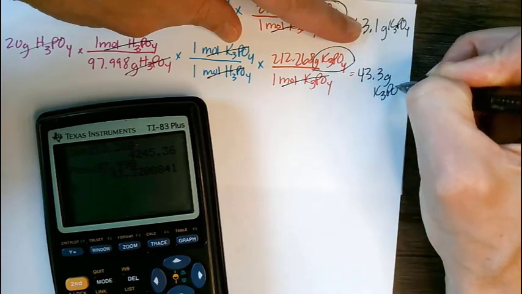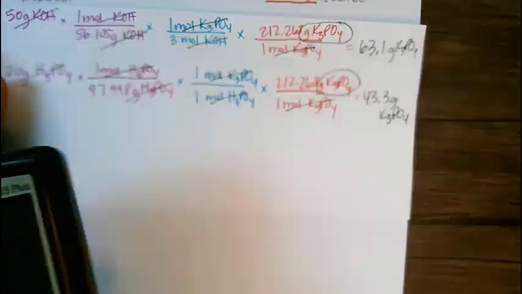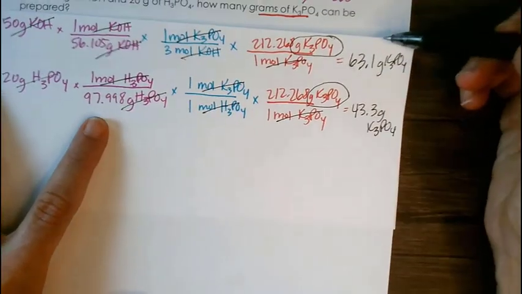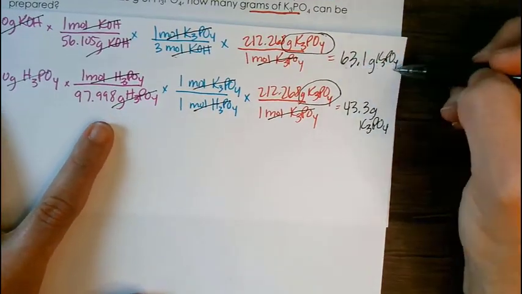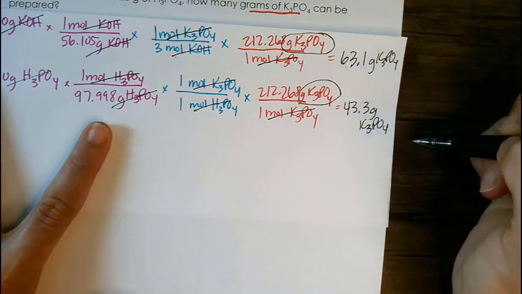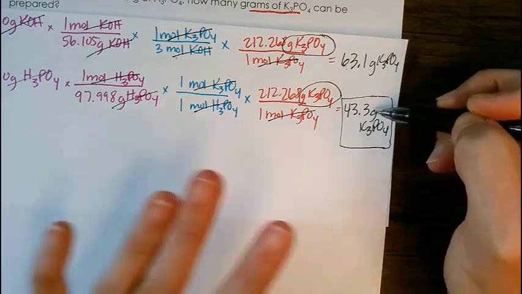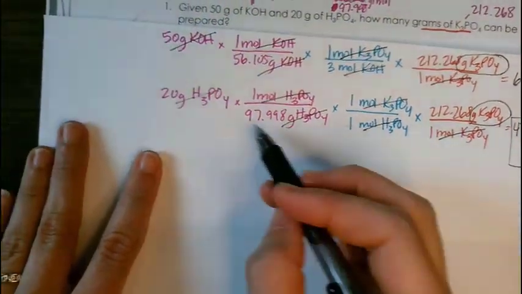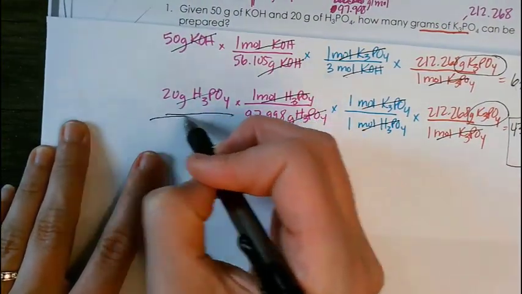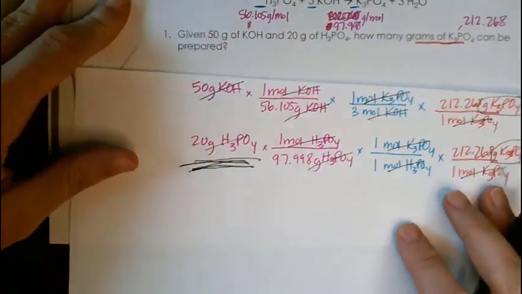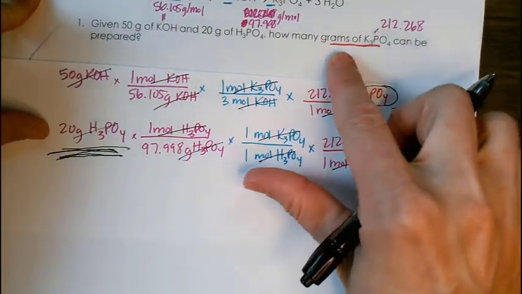And I get 43.32 grams of K3PO4. So our last question is, for this part, how much can I make of my product? Can I make 63 grams or can I make 43 grams? I can only make 43 grams of product, which means this must be my limiting reactant.